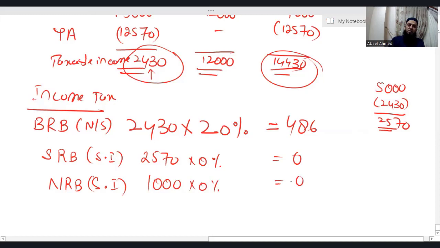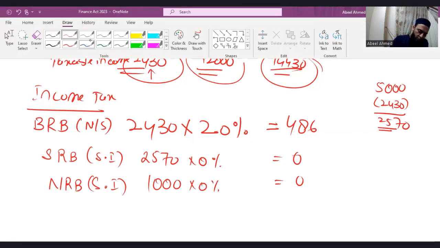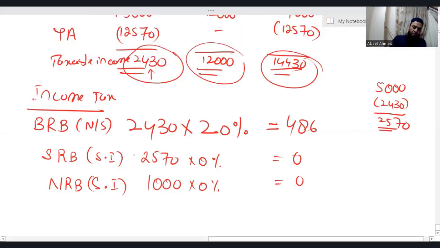So you are having saving income in this question. Total saving income is 12,000. Out of that 12,000, we have taken 2570 in a starting rate band, 1,000 for the nil rate band. So how much saving income is left? From 12,000, let me deduct 2570 minus 1,000.